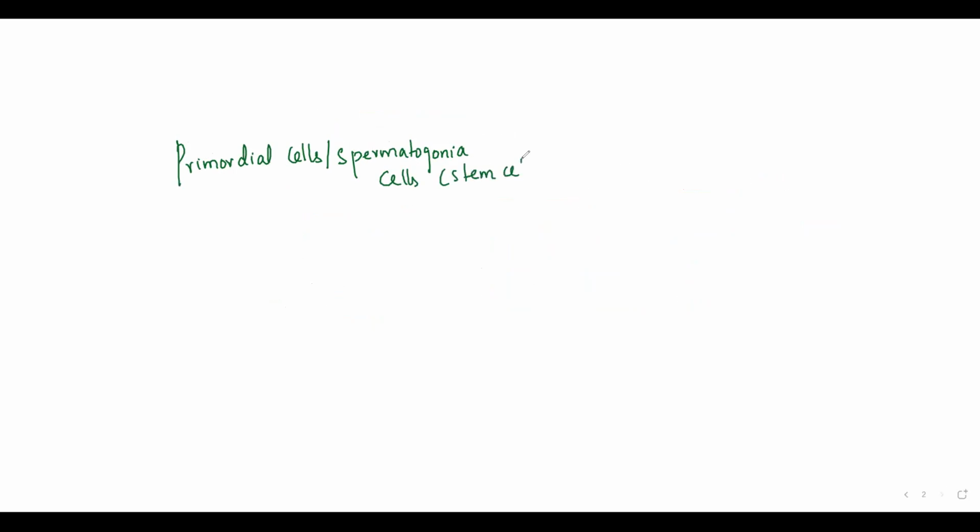These stem cells are diploid, that is 46 chromosomes, 23 pairs, where 23 are contributed by the maternal side and the other 23 are the paternal chromosomes. So it is a diploid cell.